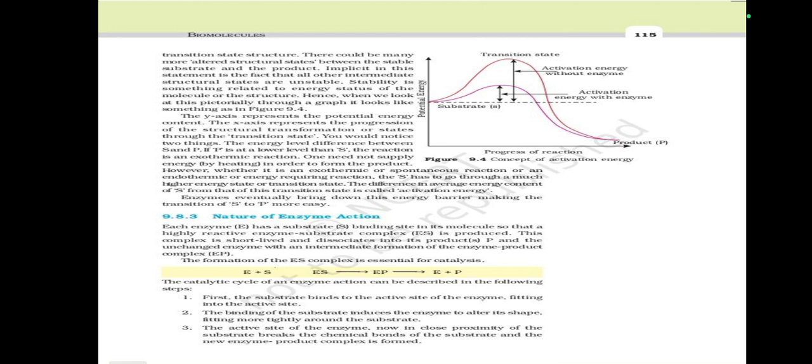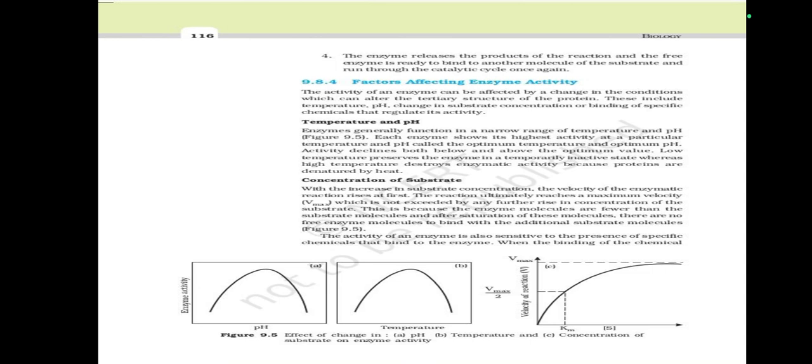Third, the active site of the enzyme, now in close proximity of the substrate, breaks the chemical bonds of the substrate and the new enzyme product complex is formed. The enzyme releases the products of the reaction and the free enzyme is ready to bind to another molecule of the substrate and run through the catalytic cycle once again.